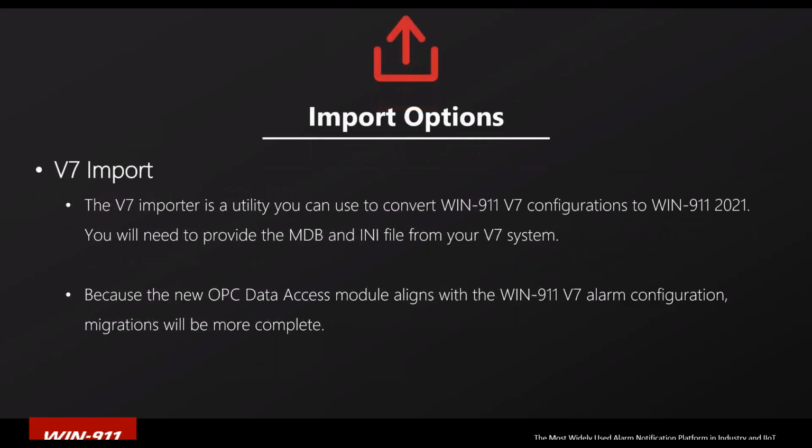And then the last option is the version 7 import utility. This is a utility where, if you're using version 7, you can put in your MDB file and your INI file, and then it will convert over to the new OPC module. Because the new module aligns so well with the existing version 7 stuff, almost all of your configuration is going to come over for OPC into the new module.